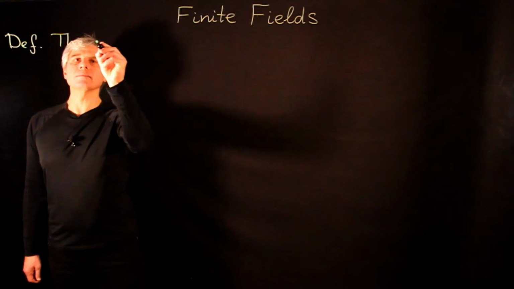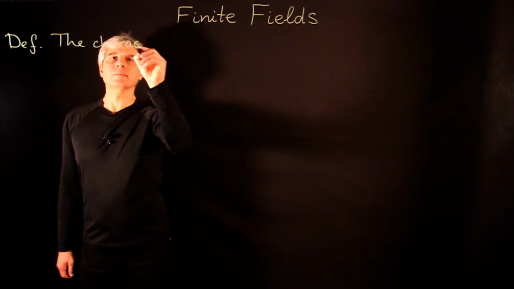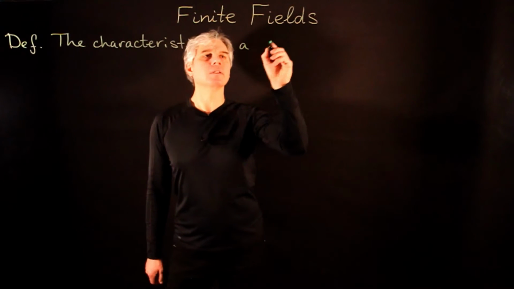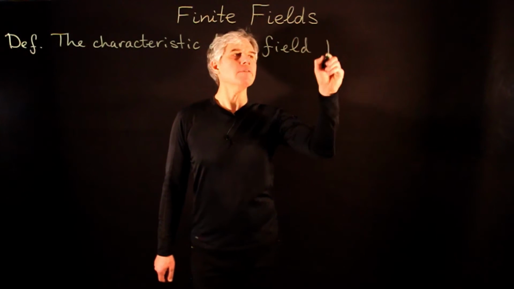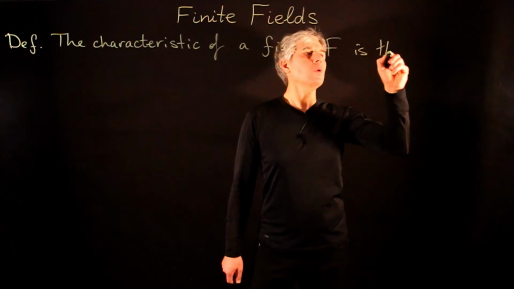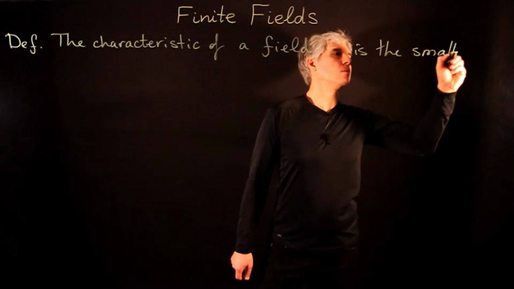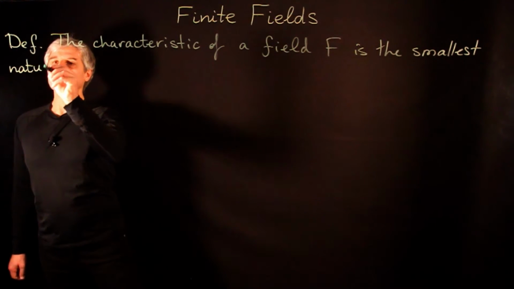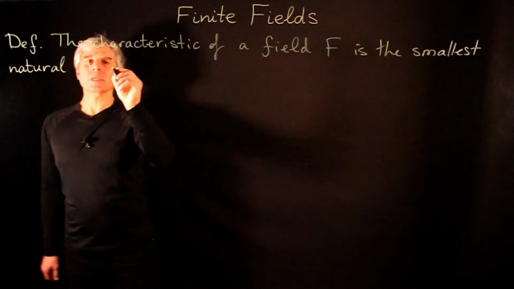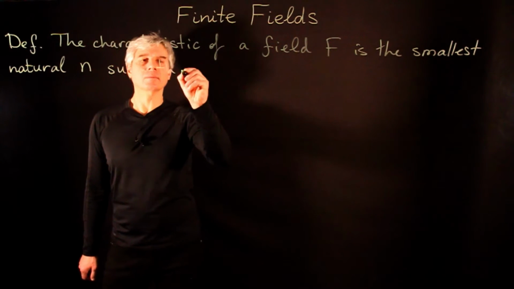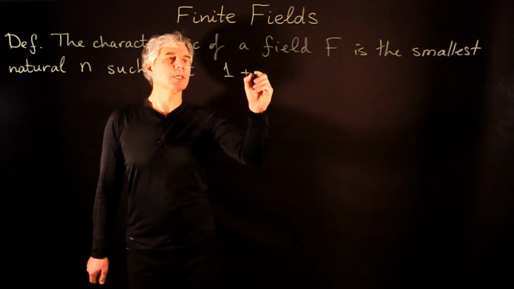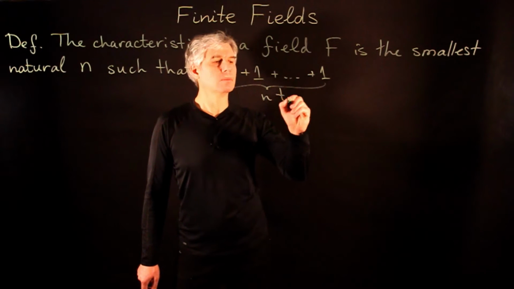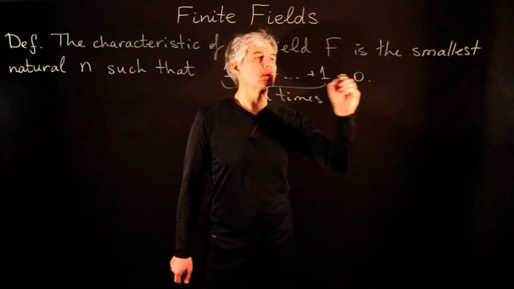The characteristic of a field F is the smallest natural number n such that 1 plus 1 plus 1, n times, is equal to 0.